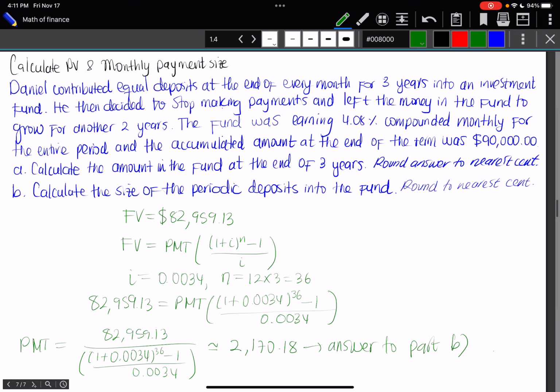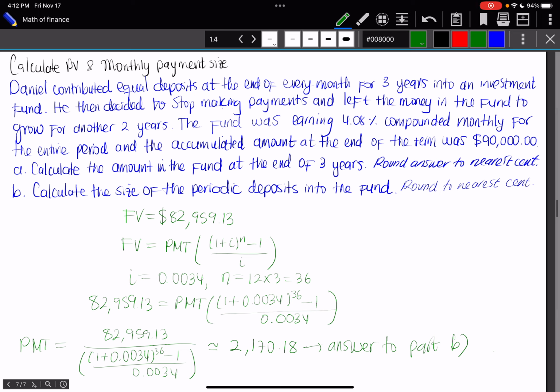So to answer part A, we used compound interest formulas. Now to answer part B, we used annuities. Daniel was contributing equal deposits at the end of every month for 3 years into an investment fund.